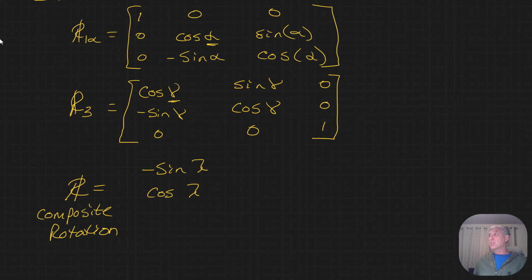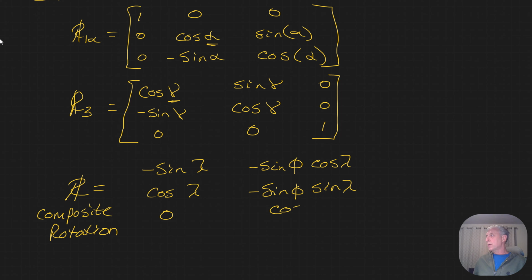But this is much easier because now we're just using the latitude and longitude, right? 0. And then minus sine phi, this is the second column, cos lambda. And then minus sine phi sine lambda.